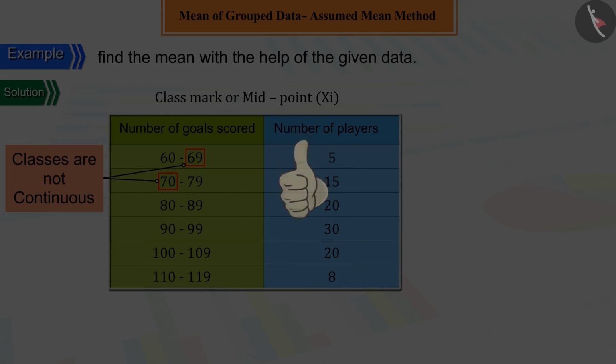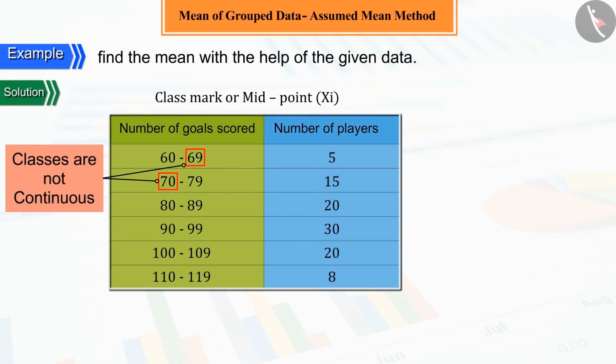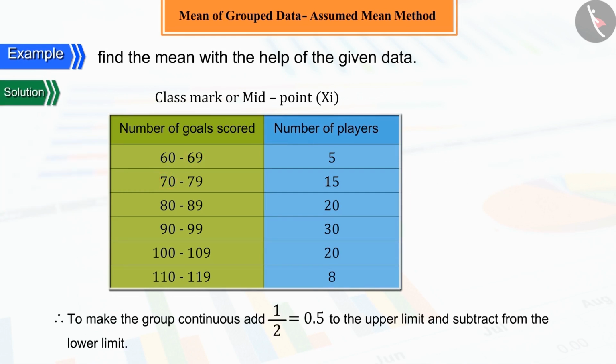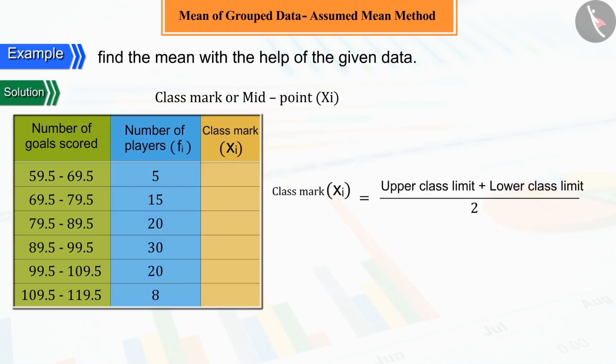Well done! We can see from the table that the difference between the upper and lower limits is 1. So to make the class continuous, let's add half, that is 0.5, to the upper limit and subtract the same from the lower limit. After that, from the midpoint formula, obtain the value of xi.